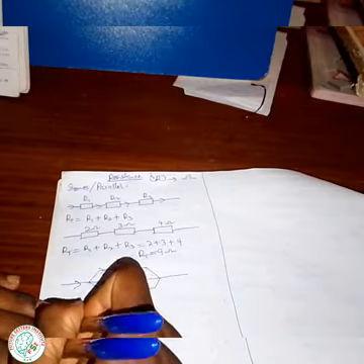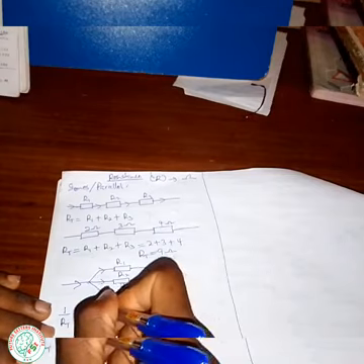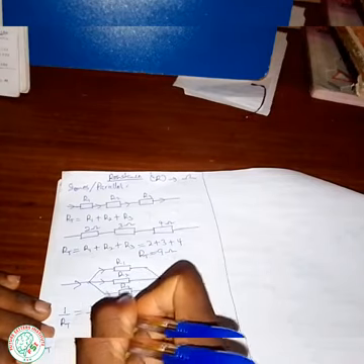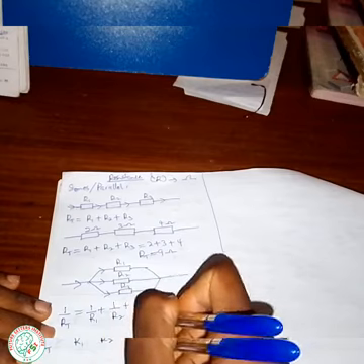From here, in parallel, your R total, which is your equivalent resistance, is given by 1 over R total equals 1 over R1 plus 1 over R2 plus 1 over R3.